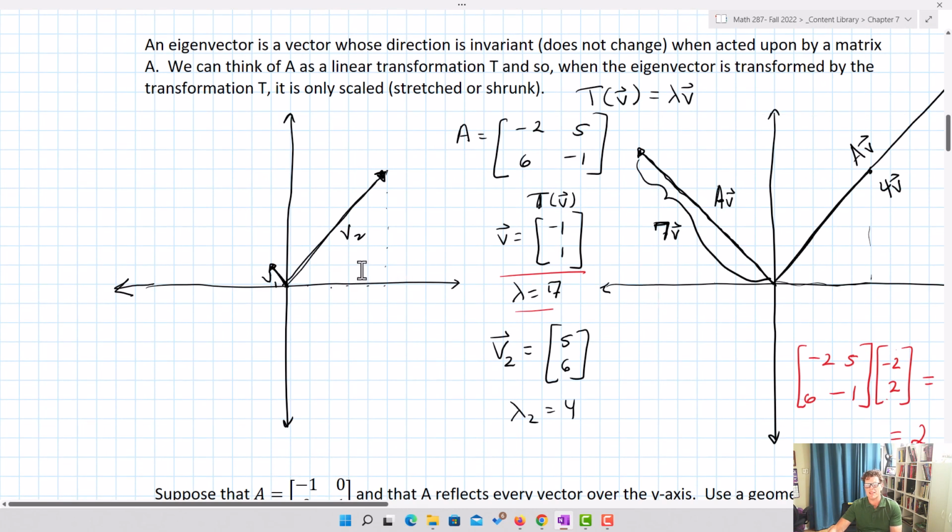Under our transformation A, our eigenvectors stay in the same direction, but they're either stretched or shrunk, that is, scaled. That ends up becoming really handy for a lot of different reasons.